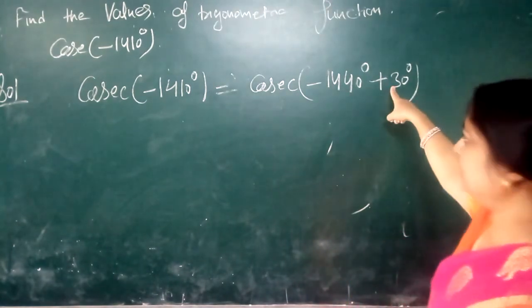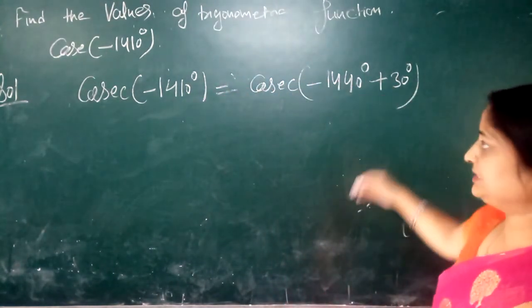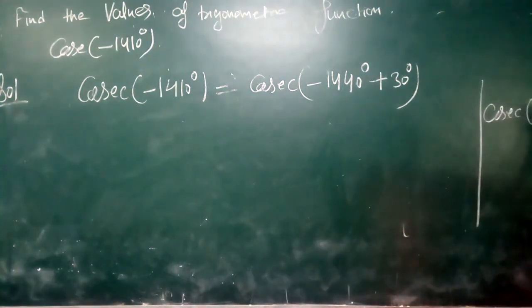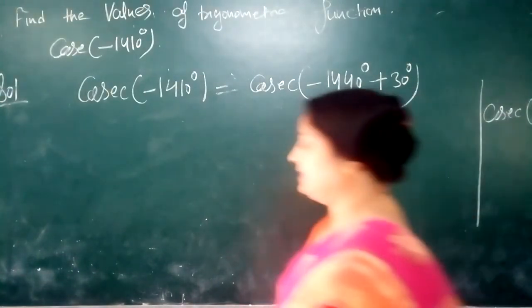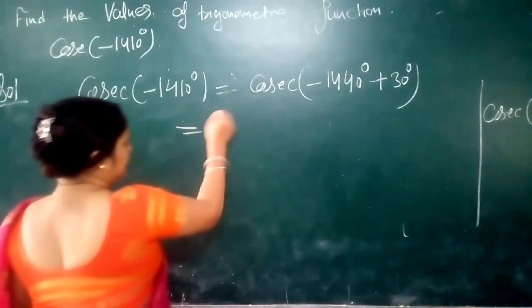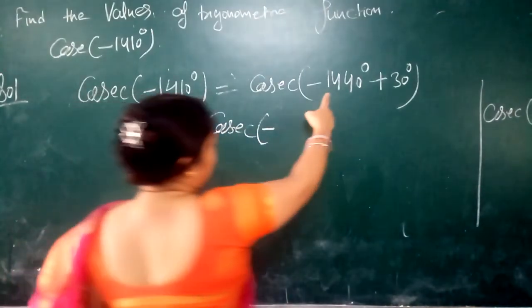When you subtract, it will come. Now after that, we will change this term into the form cosec of 360 degree into n plus theta. It means we will divide this 1440 degree by 360.